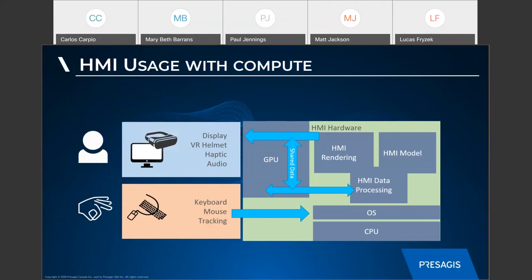But for some situations, we can use the data processing on the GPU, and because the HMI drawing, the actual physical placement of things on the screen, has to go through the GPU, we can access that data directly on the GPU. We don't have to come back out to the CPU and operating system.